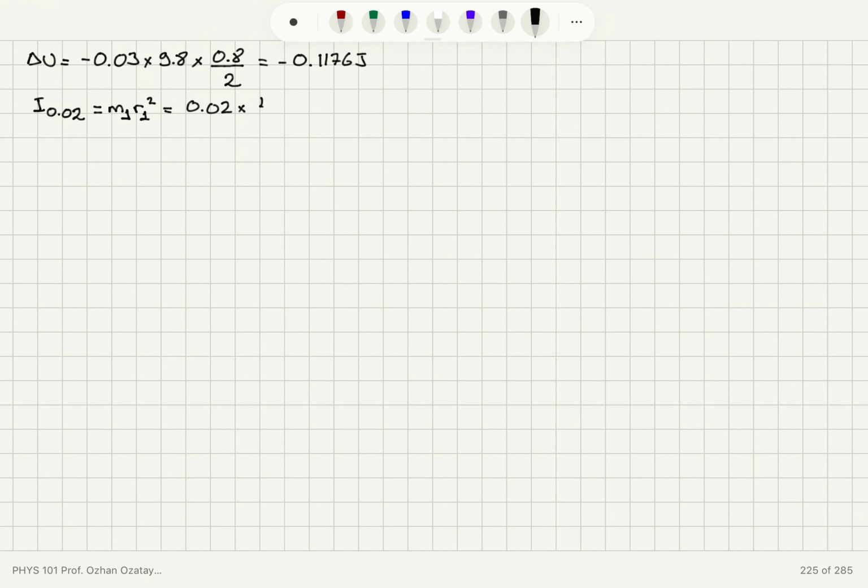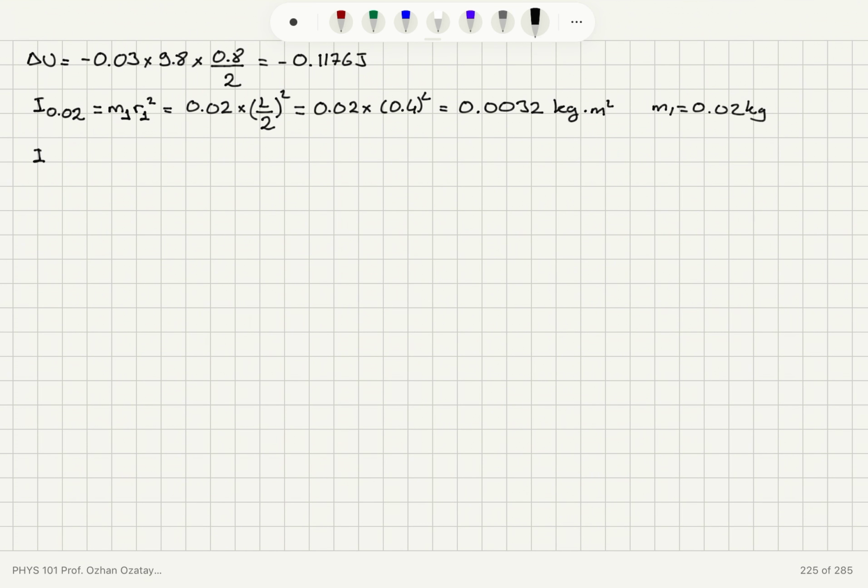It is at a distance capital L/2 with respect to the center, so (L/2) squared, that's mr squared. This gives us 0.02 times 0.4 squared, so that is 0.0032 kilogram meter squared for m1, which is 0.02 kilograms.